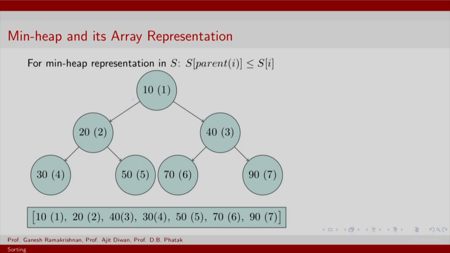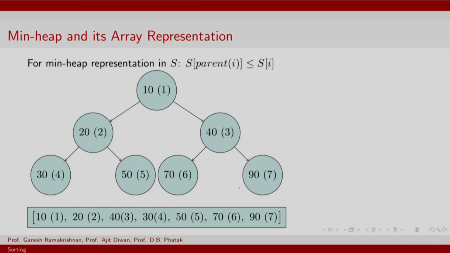Before we do that, we will see what the array corresponding to a min heap looks like. The element 10, which is the smallest element, is going to be stored at position 1. The immediate children are stored at positions 2 and 3, and thereafter we have the leaves stored at positions 4 to 7.